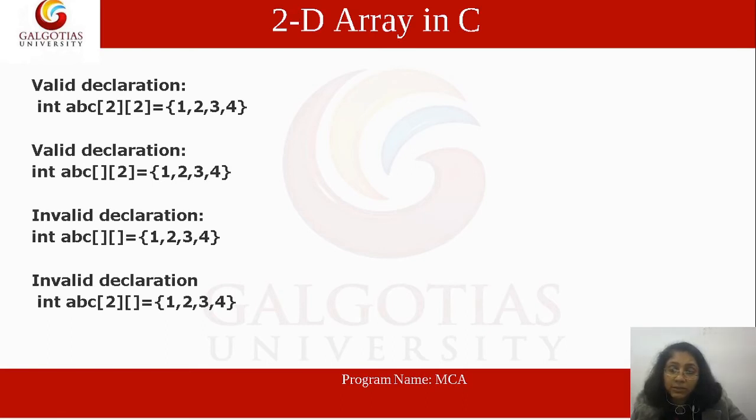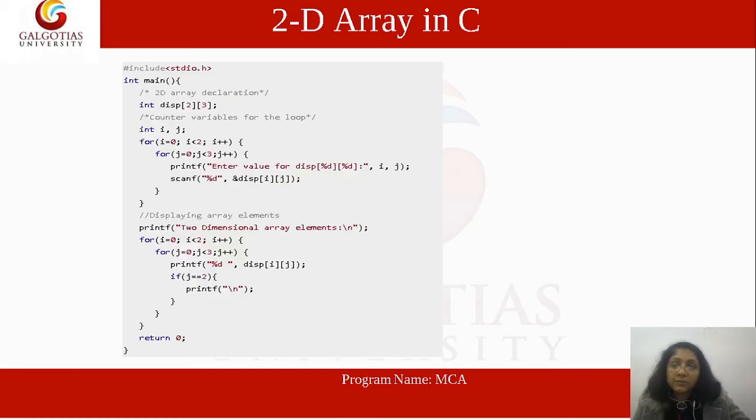So here, for A, B, C, in the first dimension I am not writing the size, whereas in the second dimension I have written the size, and accordingly I am initializing. The compiler will automatically create the size for the first dimension. But if you try to declare without writing the size for both dimensions, it will give you an error. Therefore, the third and fifth declarations are invalid.